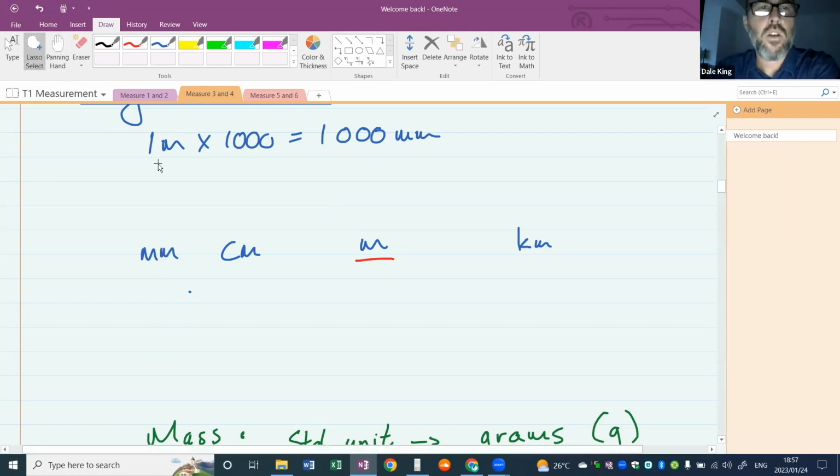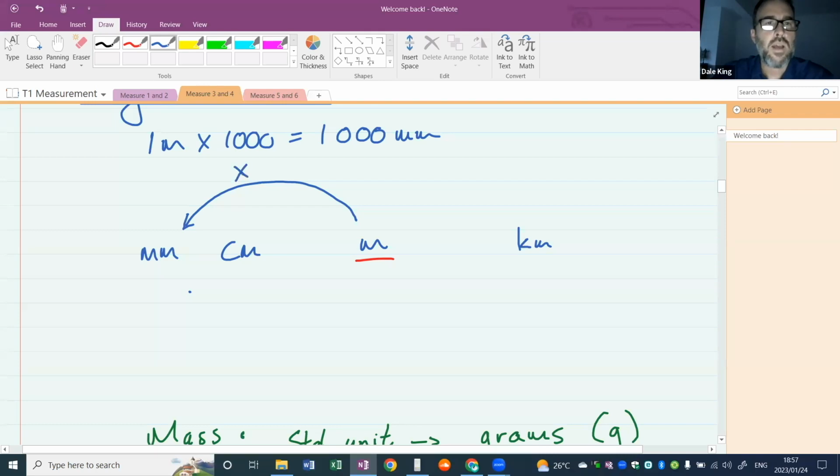All right, but I'm going to only look at meters and millimeters now. So on this diagram, to change my 1 meter into millimeters, if I go from meters into millimeters, the number is going to get bigger, isn't it? How do we change it and make it bigger?